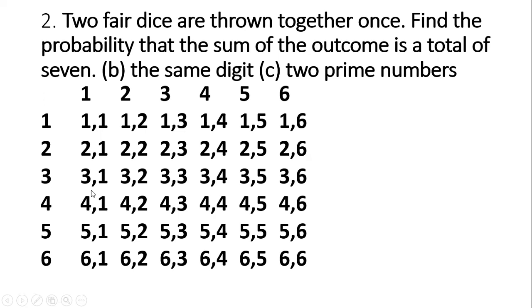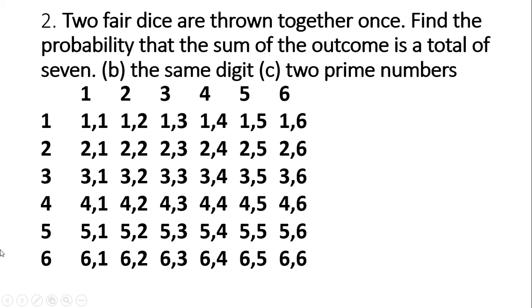The third column: 3 and 1, 3 and 2, 3 and 3, 3 and 4, 3 and 5, 3 and 6. The fourth column: 4 and 1, 4 and 2, 4 and 3, 4 and 4, 4 and 5, 4 and 6, 5 and 1, 5 and 2, 5 and 3, 5 and 4, 5 and 5, 5 and 6, then 6 and 1, 6 and 2, 6 and 3, 6 and 4, 6 and 5, 6 and 6.